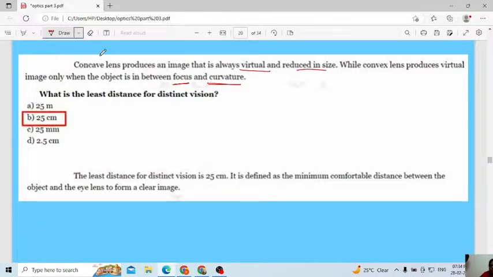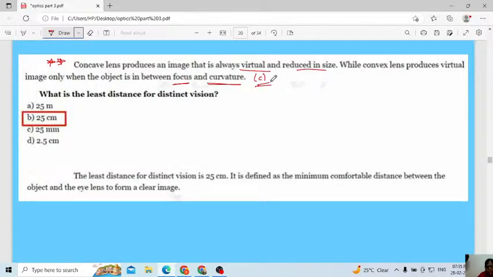Concave lens almost always forms a virtual and reduced image, but convex also forms one, in only one exceptional case: a virtual image when you place the object between the focus and the center of curvature C. This is an important point. They may include MCQ questions on this case.